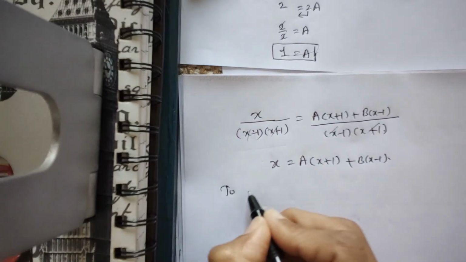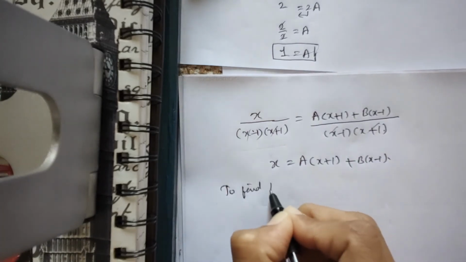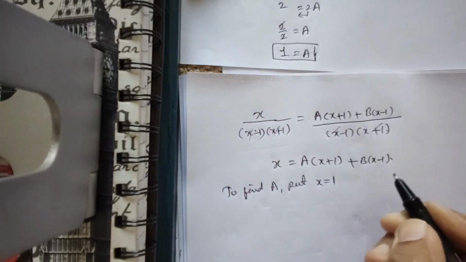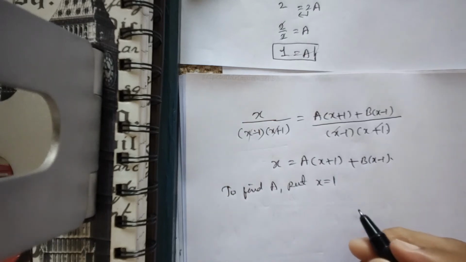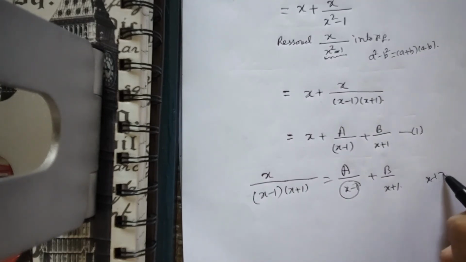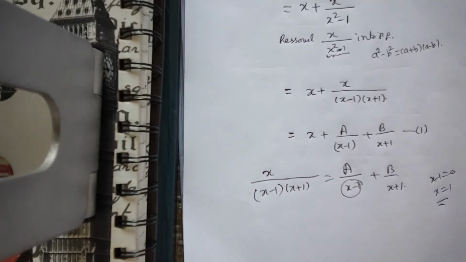To find a, put x equal to 1. Equate x minus 1 with 0, so I will get x equal to 1.